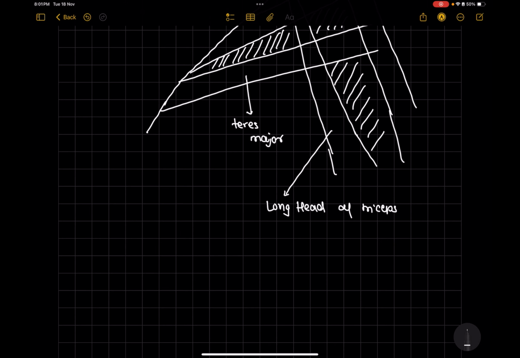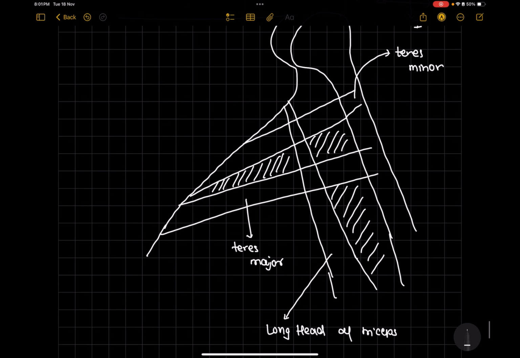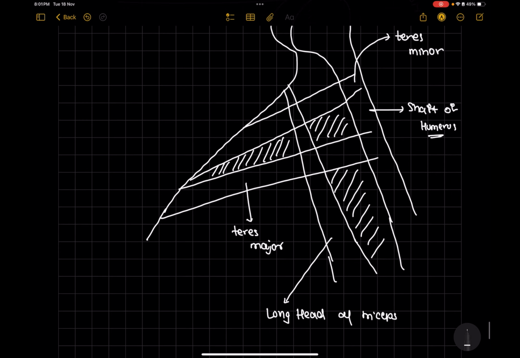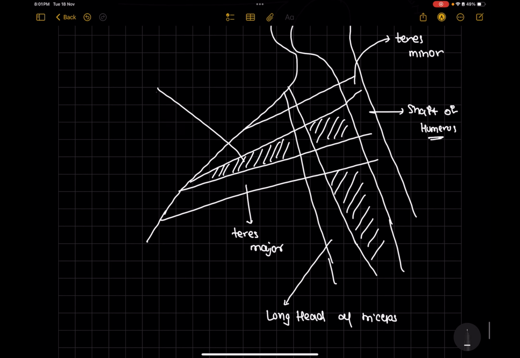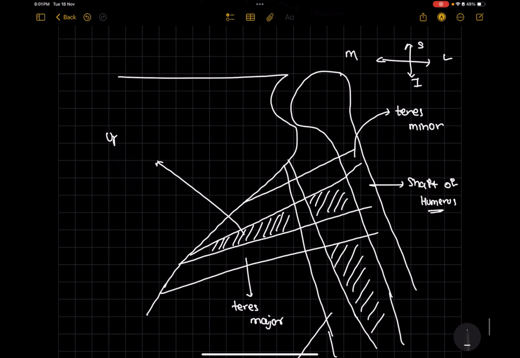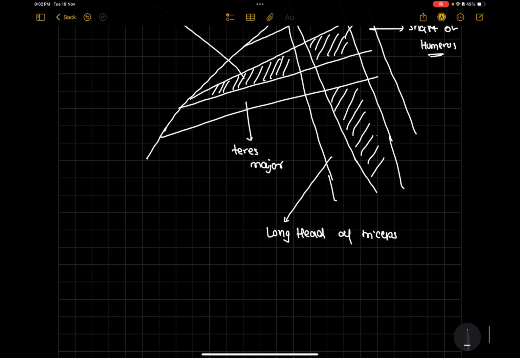This is your shaft of humerus. So this is your upper triangular space, this is your quadrangular space, and this is your lower triangular space.